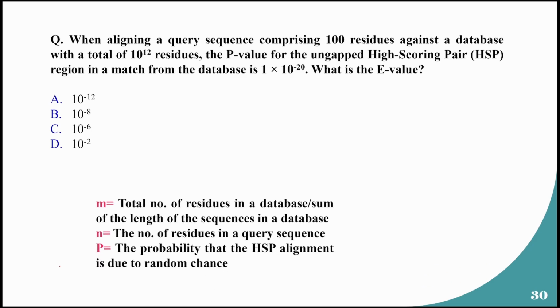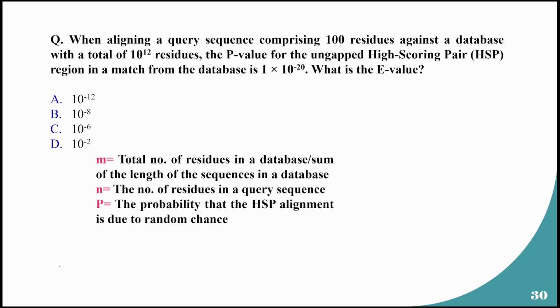Yeah. So here there is one particular formula stating that E value equals M times N times P. Now what is M here? M is the total number of residues in the database, the sum of the lengths of the sequences in the database.